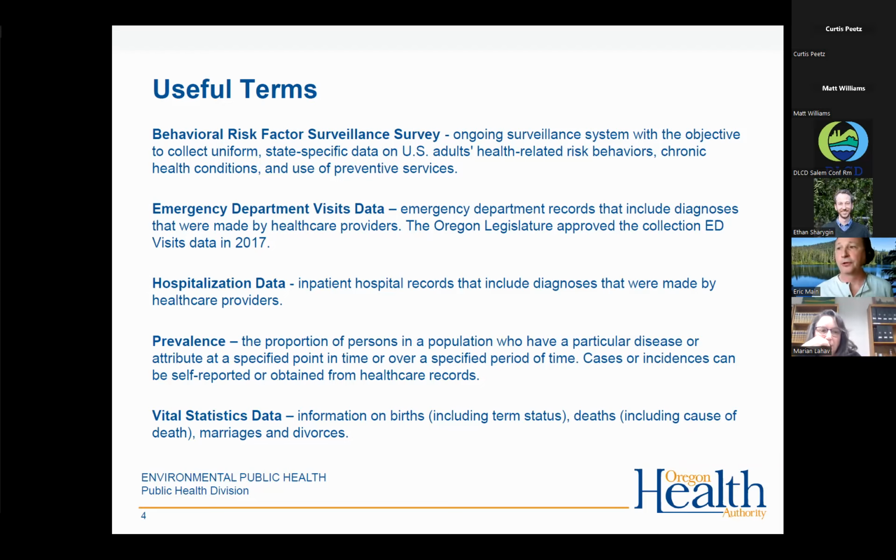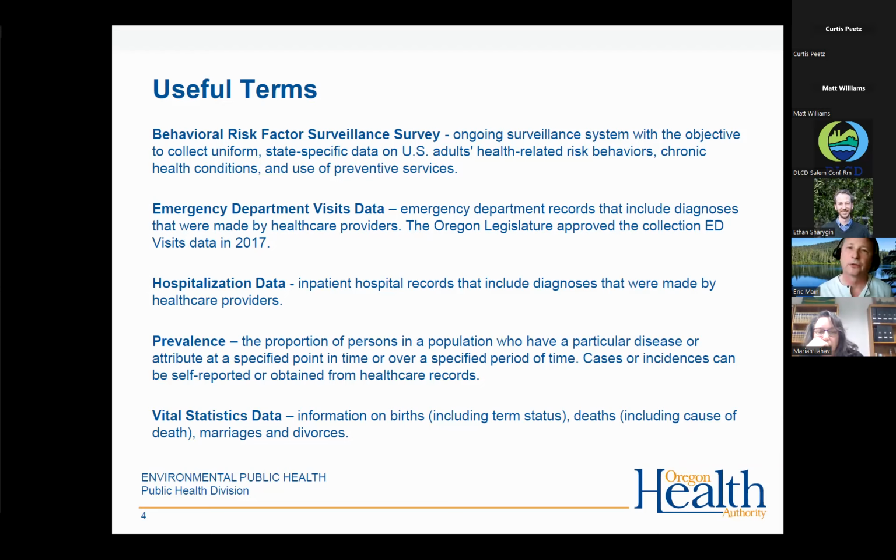Next is emergency department visits data, and that's exactly what it sounds like. Those are diagnoses that come from whenever somebody visits the emergency department. The Oregon legislature just approved collection of ED visits in 2017.